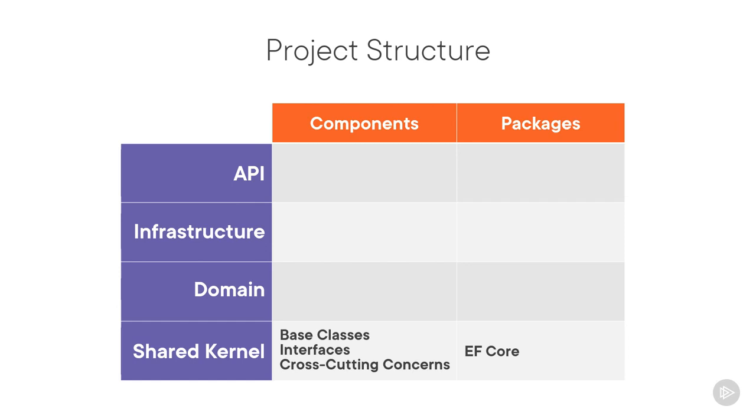But this is not where Carlos will define his entities. Those go in the domain project. Because the domain project depends upon the shared kernel, it will inherit the dependency upon EF core. This transitive dependency will allow Carlos to inherit from DB context. And in this derived class, he will configure all of his entities and their relationships.